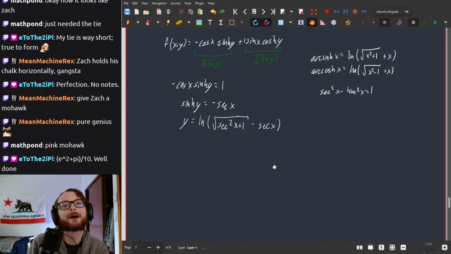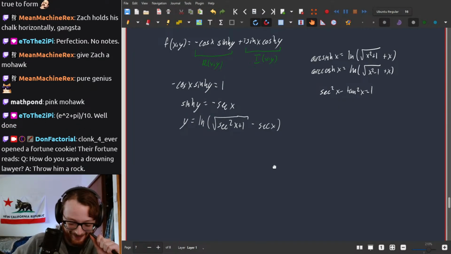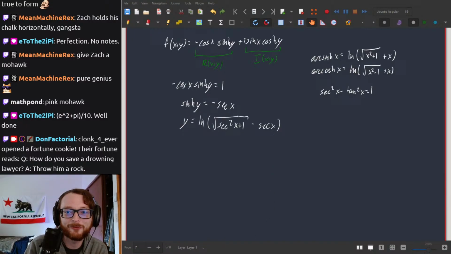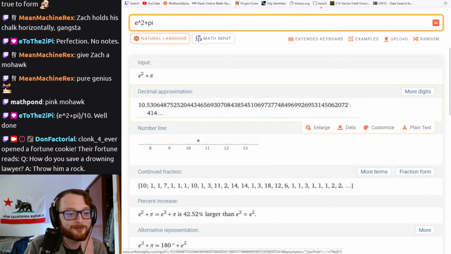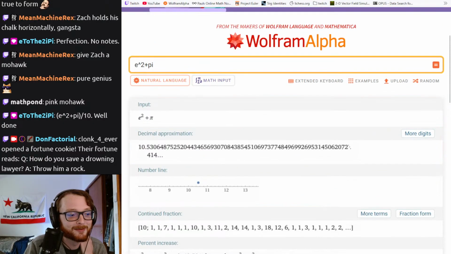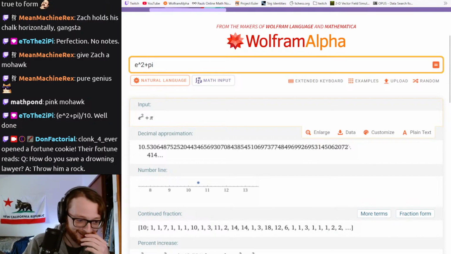E squared plus pi out of 10? E squared plus pi out of 10. That's gotta be pretty close to 10. I want to know what it is exactly. E squared plus pi. 10.5, not bad. Wow, I scored more than the maximum. How do you save a drowning lawyer? Throw him a rock. That's not a fortune.